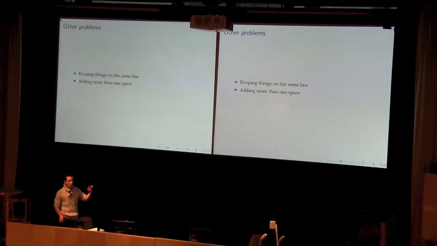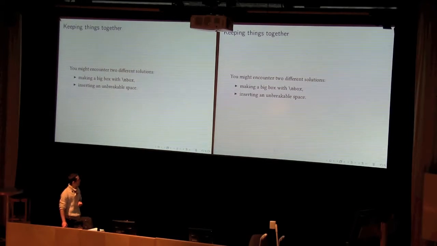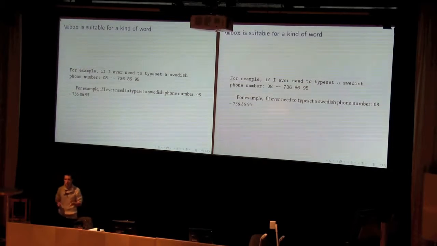So how do we do it if we want to put more than 1 space? You have 2 different solutions, which are quite equivalent. First, here is the problem. We have a phone number, okay? The output is not exactly what you want. In fact, I forgot a point here. But also the phone number is broken in 2 parts, which is not really what you want.